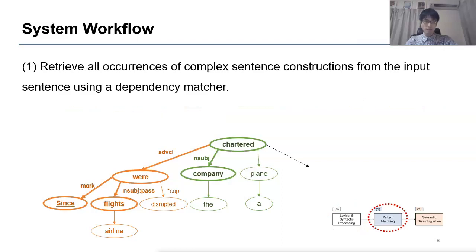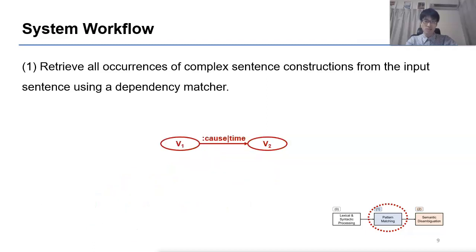In the pattern matching step, our dependency patterns are matched on the tree in a naive manner. It retrieves all occurrences of complex sentence constructions from the input sentence. Then the matcher returns skeletal AMRs, as many as pairs of matrix and subordinate clauses found in the input sentence.